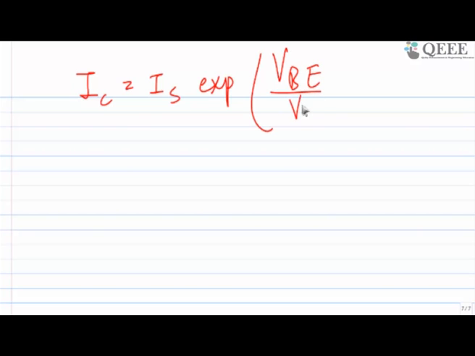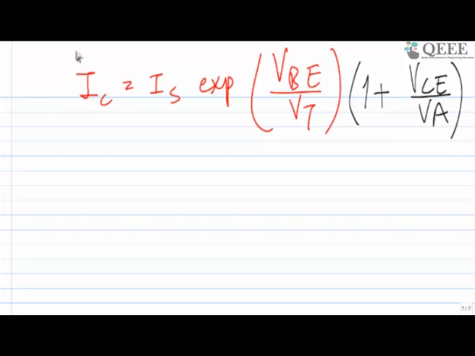And as we agree that in the earlier case the collector current was this one, which does not have any VCE component, but by adding the realistic model we get one more thing which is called VCE by VA.